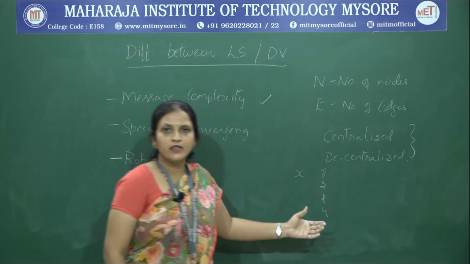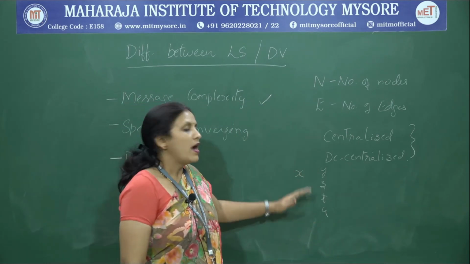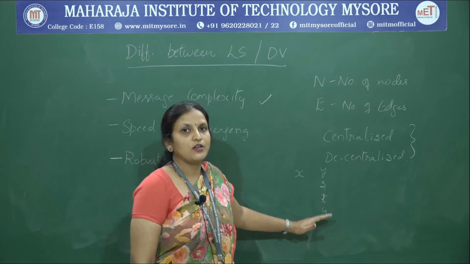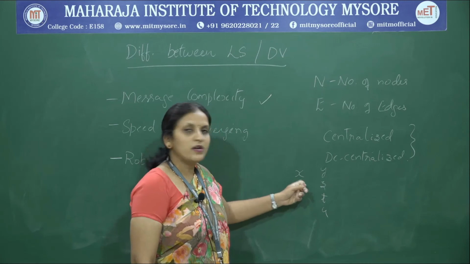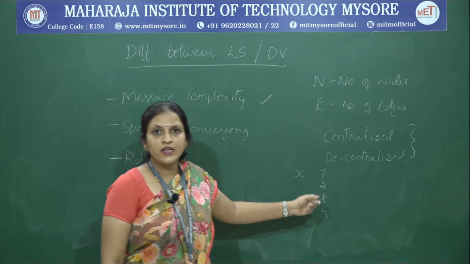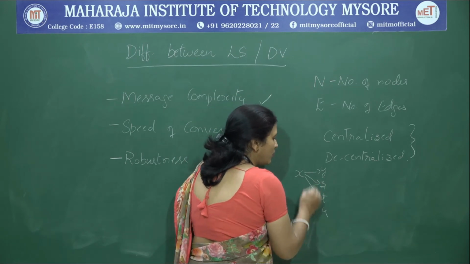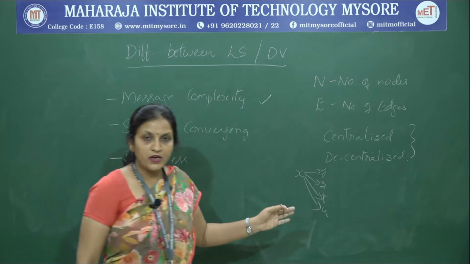So, we will be having several other routers in the network. At each iteration or at each step, this particular node X needs to send information to all the routers that are there in the network.